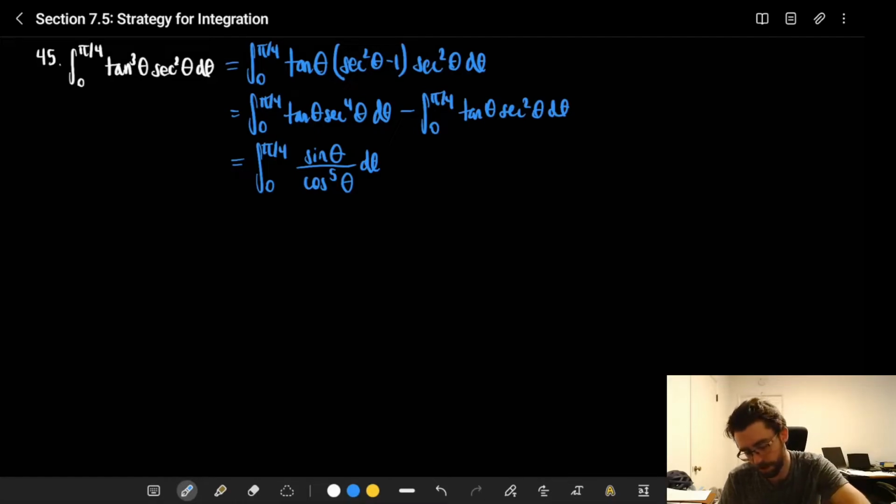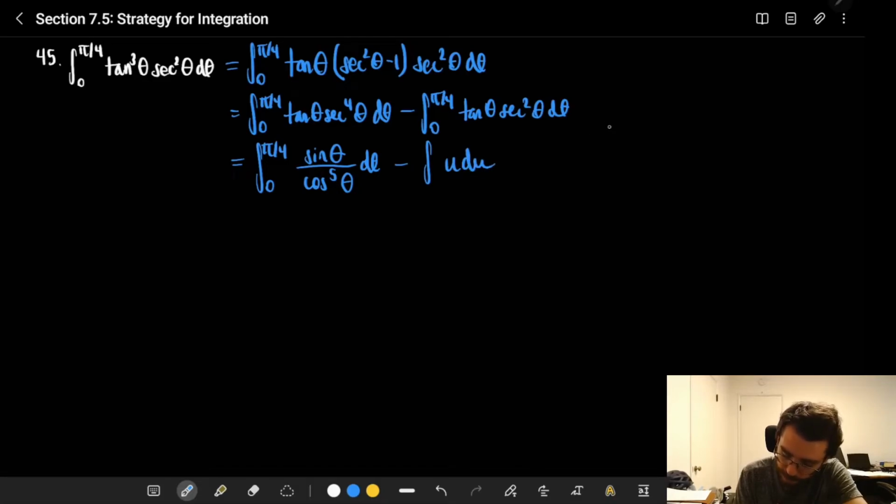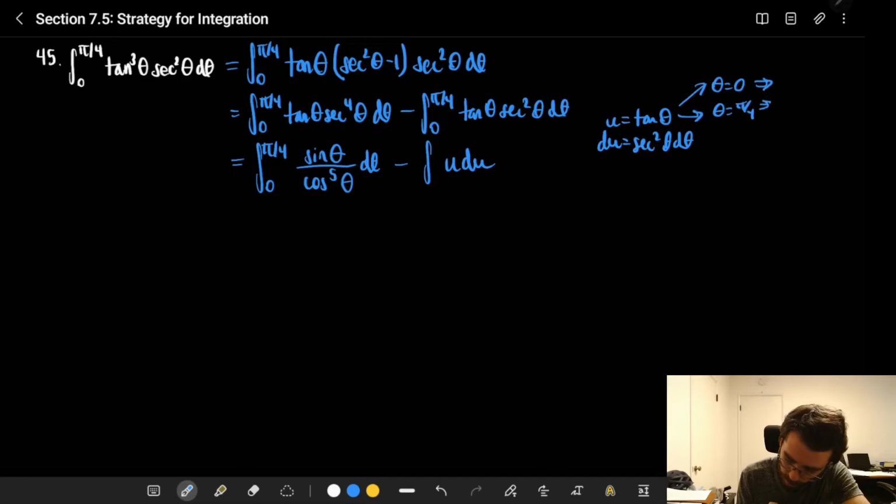Actually, I think there are 2 different ways you could do this u sub. Because derivative of tangent is secant squared, so you could call this, I'll just go ahead and write u du, where here we're letting u be tangent. Du is secant squared. Right, so that's u du. Just be careful. Initially, theta was 0 to pi over 4.